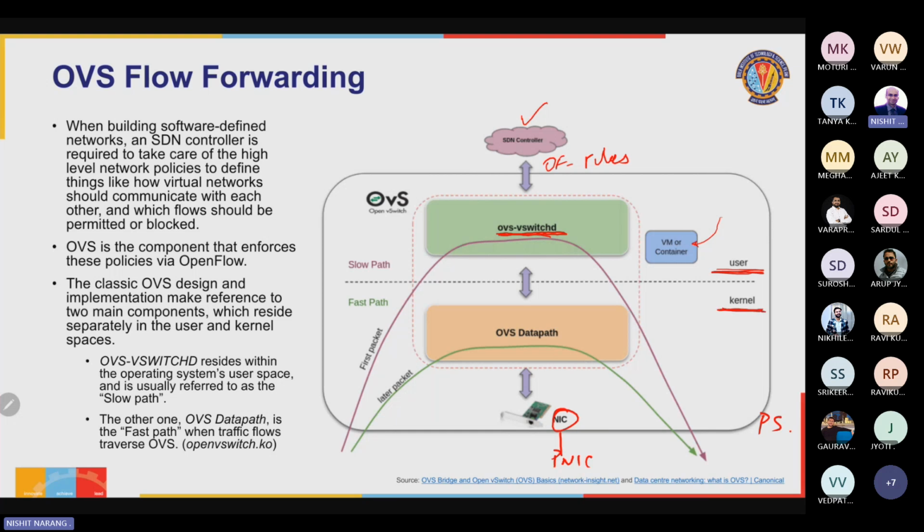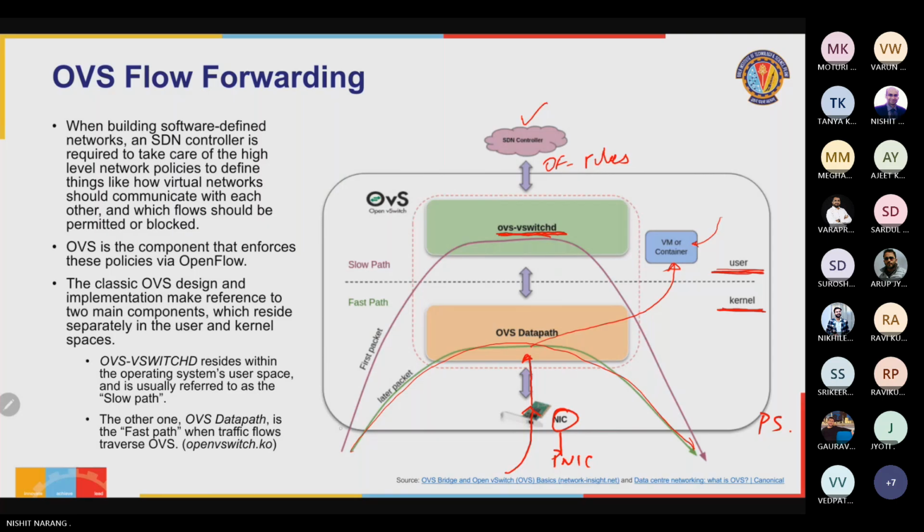So any traffic that enters the PNIC from the physical underlay data center network reaches the OVS data path, and it is forwarded by the OVS data path towards the right VM. So the packets are directly flowing through the OVS data path. That's why we are calling it a high performance data plane, because it doesn't leave the kernel mode. It's completely handled in the Linux kernel mode.